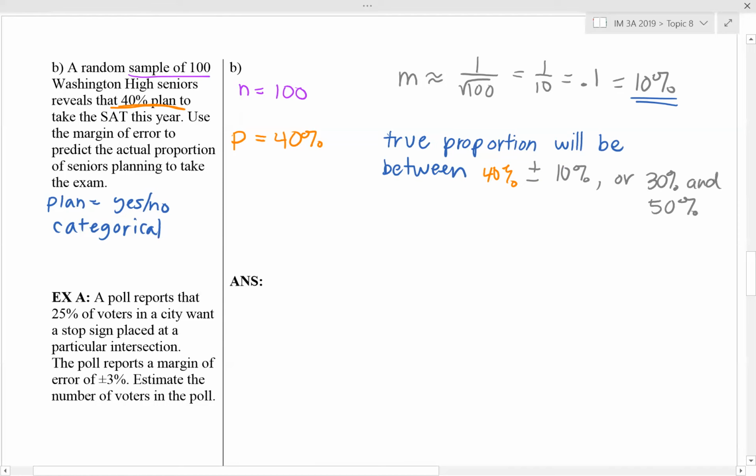So the true population should be between 30% and 50%.